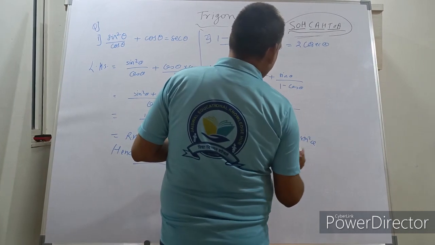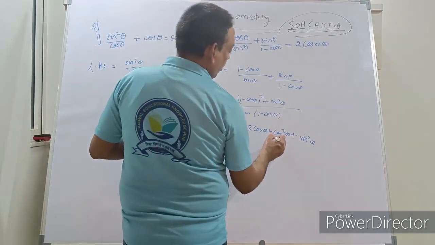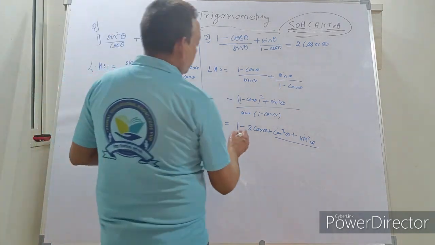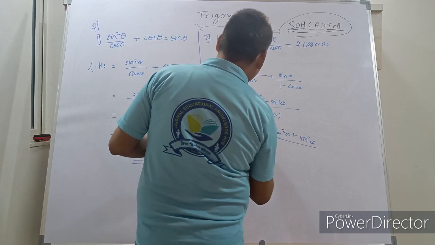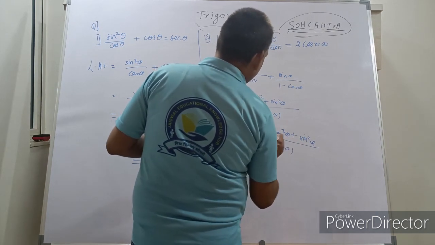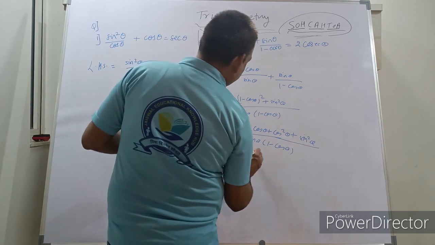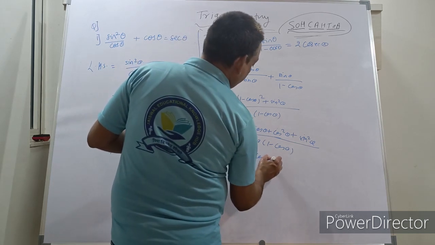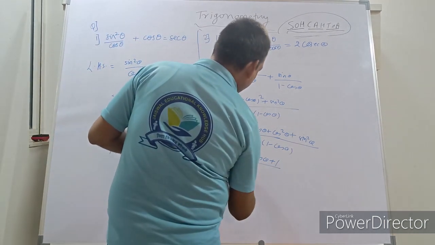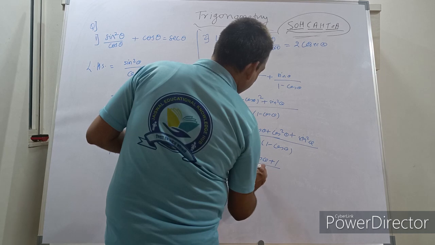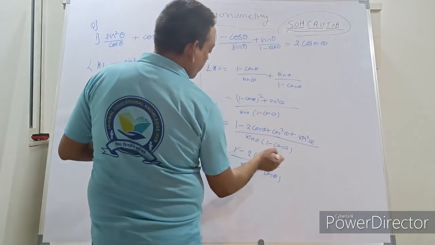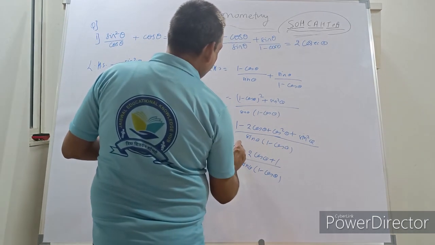Now what is cos square theta plus sin square theta, or what is sin square theta plus cos square theta? So this whole thing upon sin theta into 1 minus cos theta. Now this becomes 1 minus 2 cos theta plus 1 upon sin theta into 1 minus cos theta. So this 1 plus 1 becomes 2, not cancel.